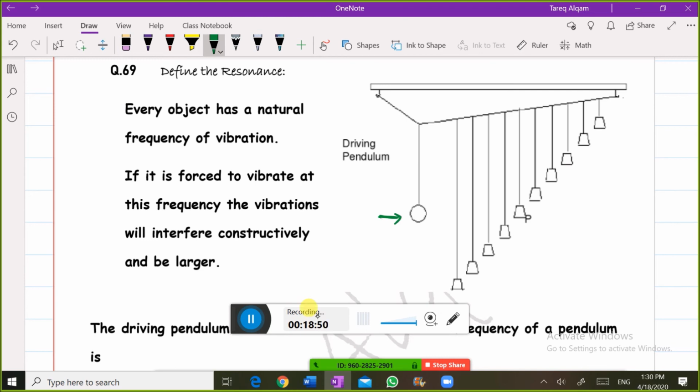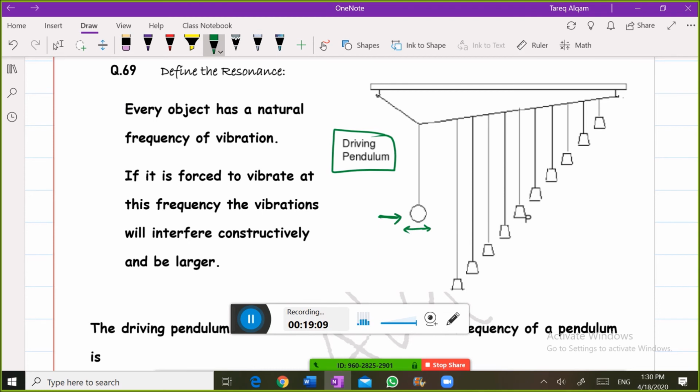This is called the driving pendulum. If I oscillate this driving pendulum, since they are all connected to the same string, all of them will oscillate.